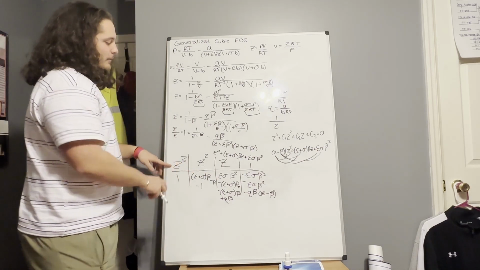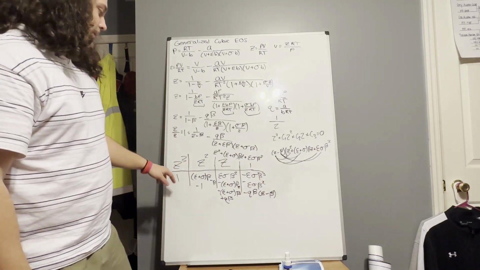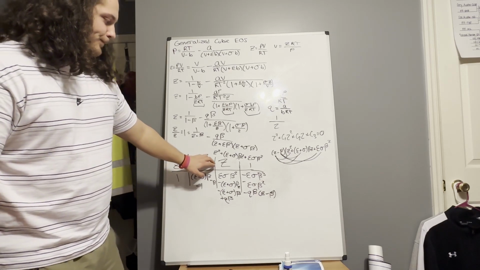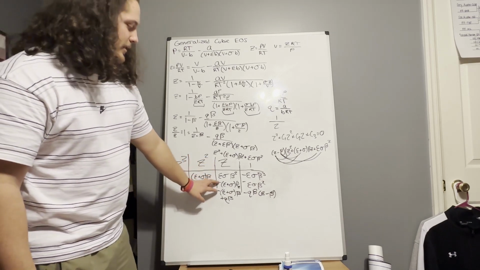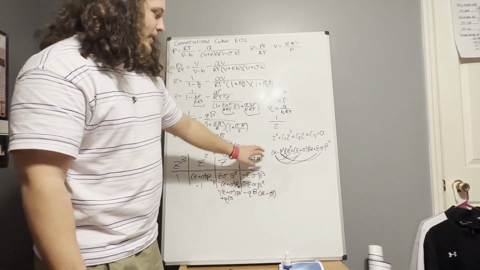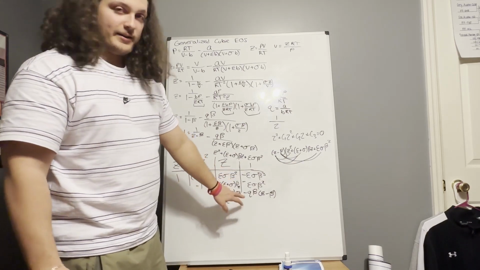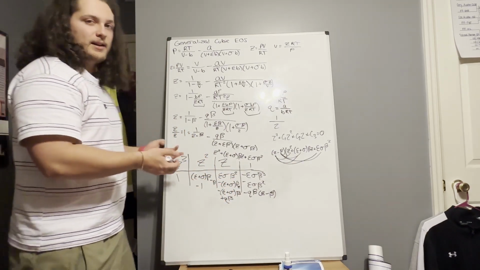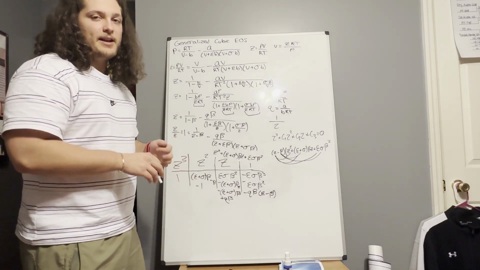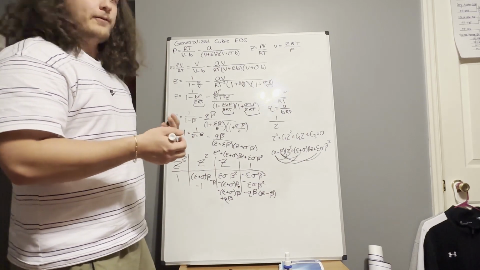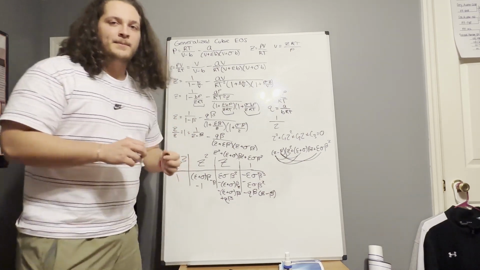So our equation here would be z cubed plus all of these coefficients, z squared, plus all of these coefficients, z, and then minus our C3, which is these coefficients. So this is our cubic equation of state in the form of our compressibility.